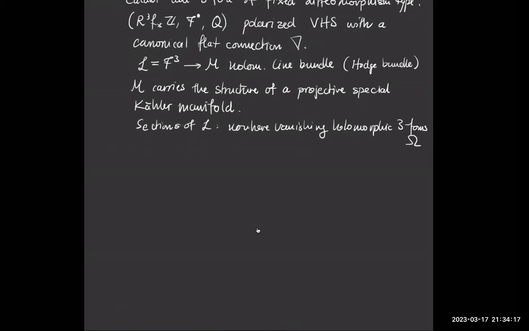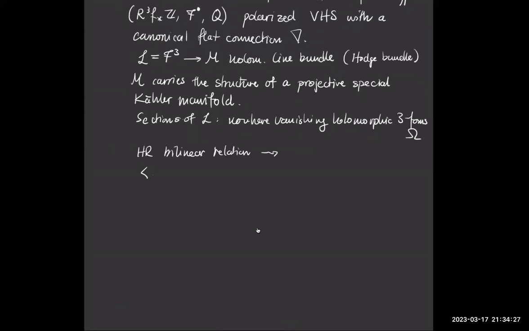And then we have the Hodge-Riemann bilinear relations, which imply that the quantity norm of omega, defined to be i times the integral of omega wedge omega bar, defines a Hermitian metric on L.